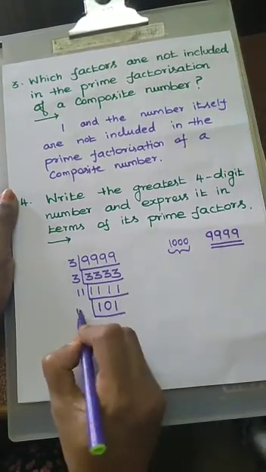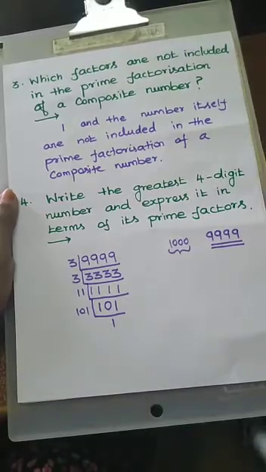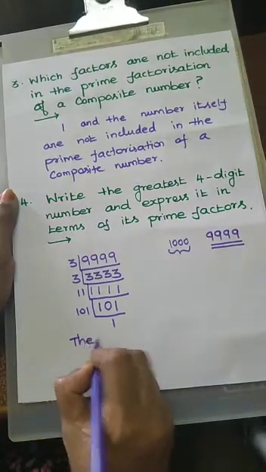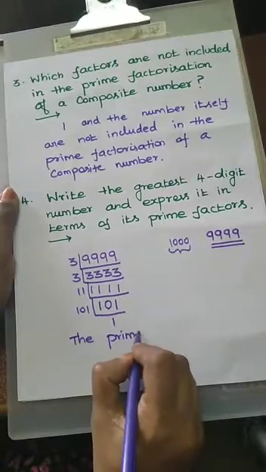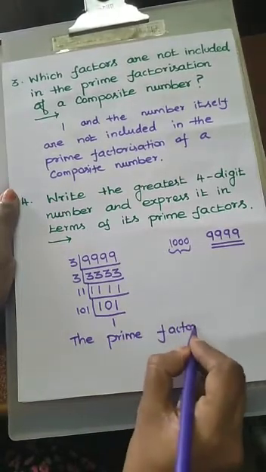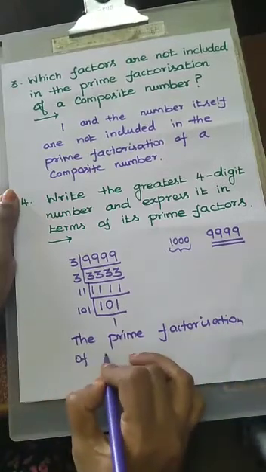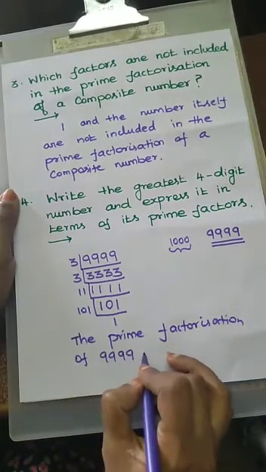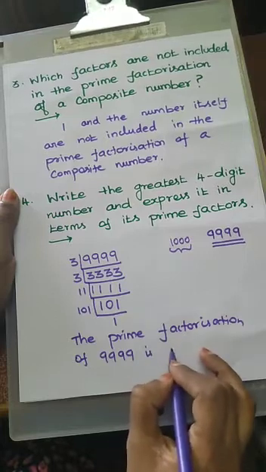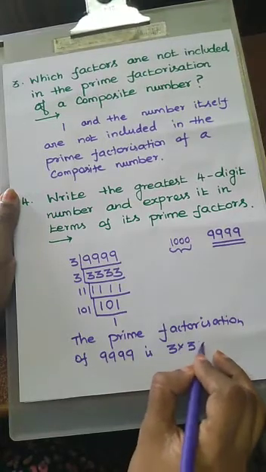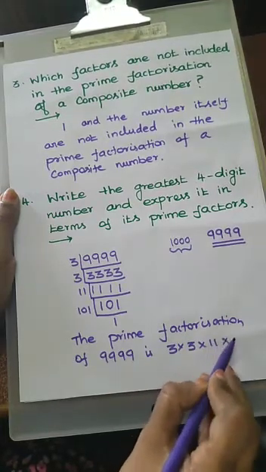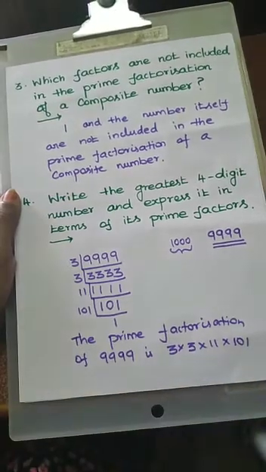Next, 101 ones are 101. So, the prime factorization of 9999 is 3 into 3 into 11 into 101. Okay.